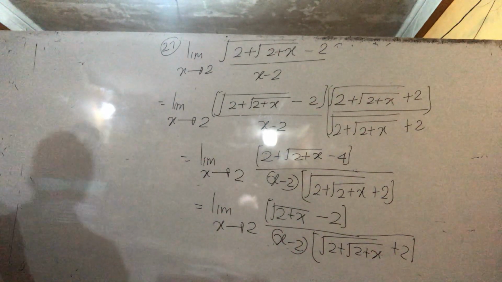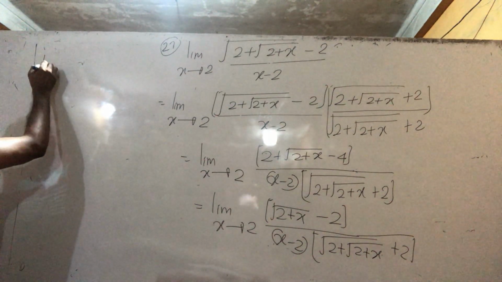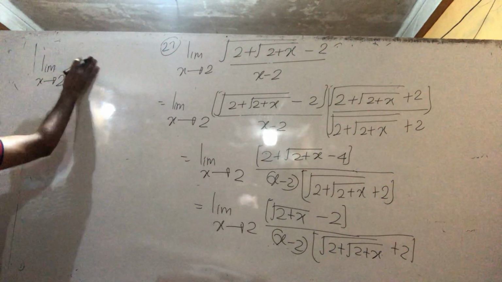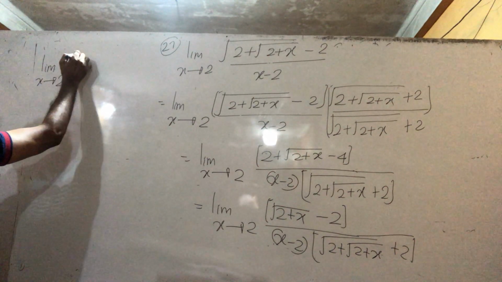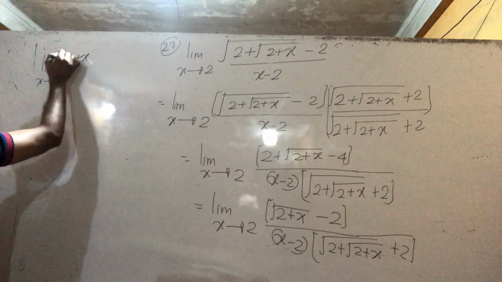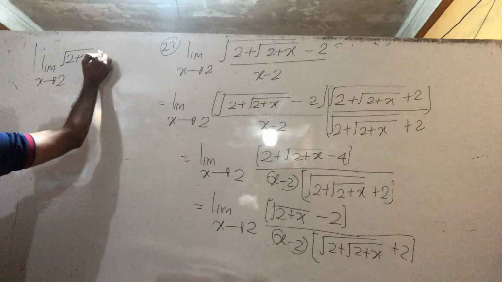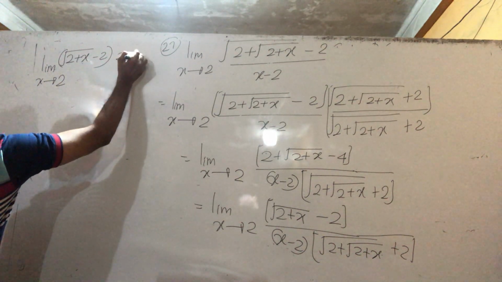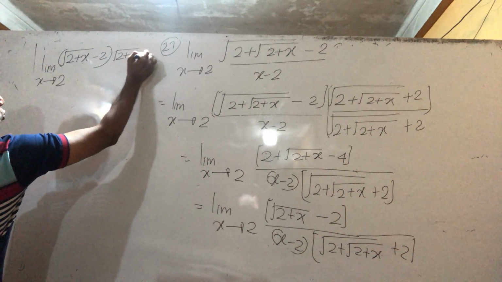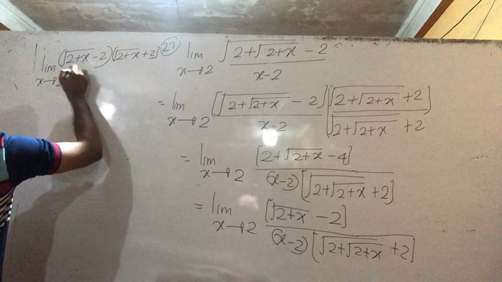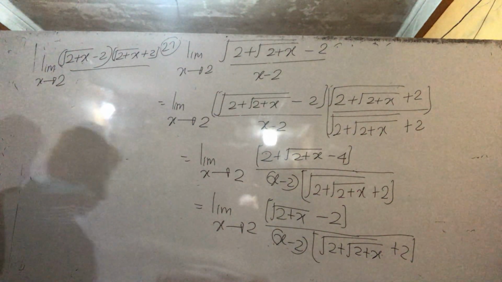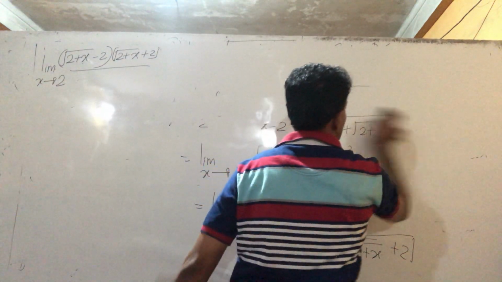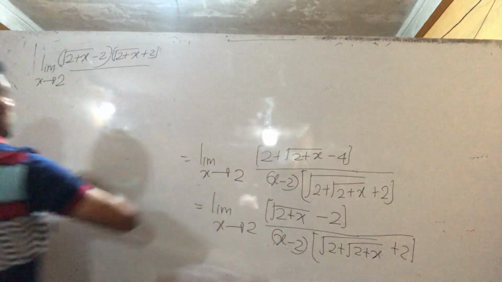What is that? I show here limit x tends to 2, square root of 2 plus x, minus 2, multiplied by square root of 2 plus x, plus 2, above and below, right? Too long, erase it. Below what?